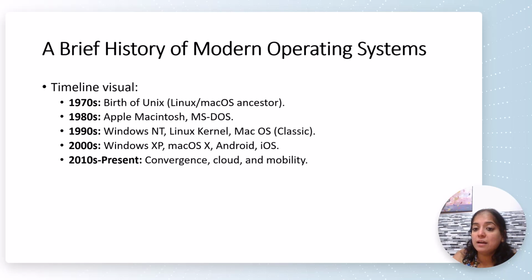Windows, on the other hand, comes from the DOS lineage, which was a single user, single tasking system, and later moved to the more robust NT kernel. The 2000s saw the rise of mobile, which forced a complete rethinking of operating system design for touch interfaces and constrained resources. So, understanding this history helps explain why these systems are the way they are today.